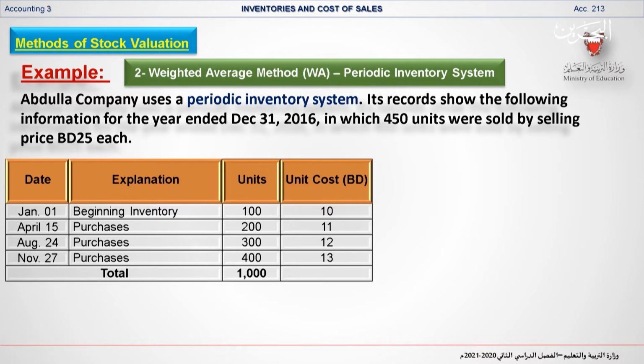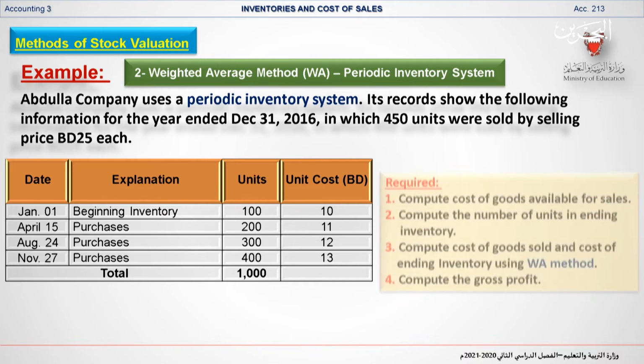According to the information in the table, on 1st January, the beginning inventory was 100 units with a cost of 10 BD for each unit. On 15th April, Abdullah Company purchased 200 units with a cost of 11 BD for each unit, and so on.